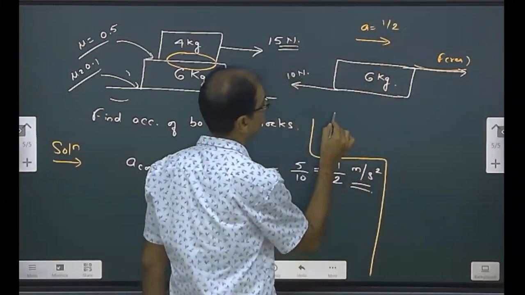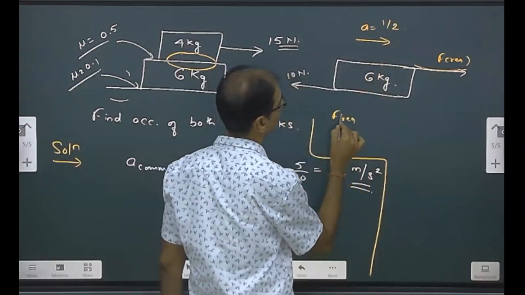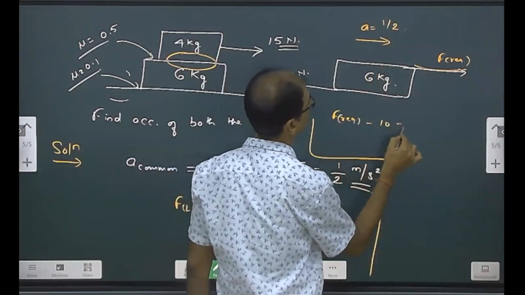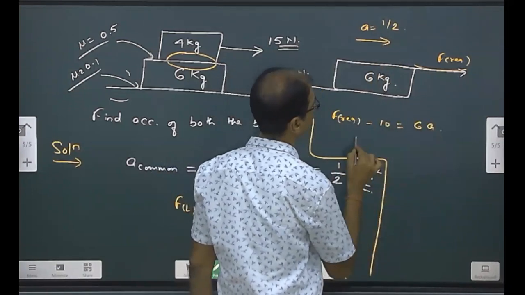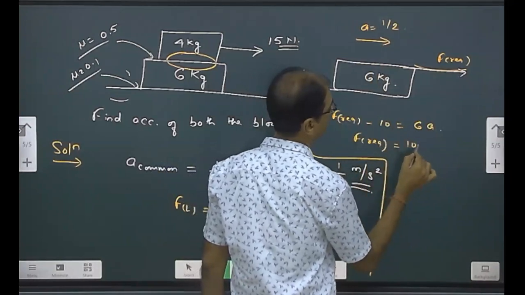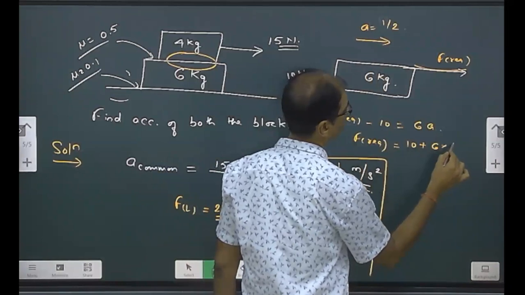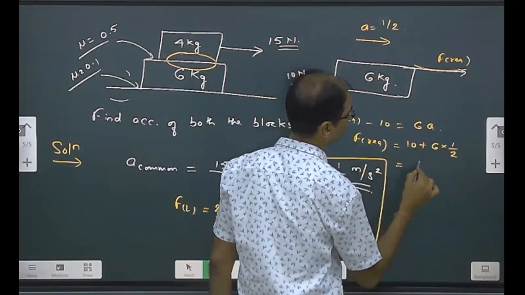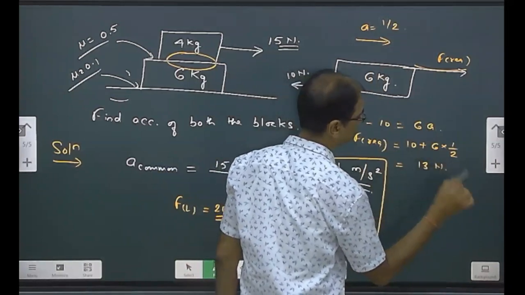See what's coming. F required minus 10 equal to 6 into a. That is F required equal to 10 plus 6 into 1 by 2. That is 13. Right?